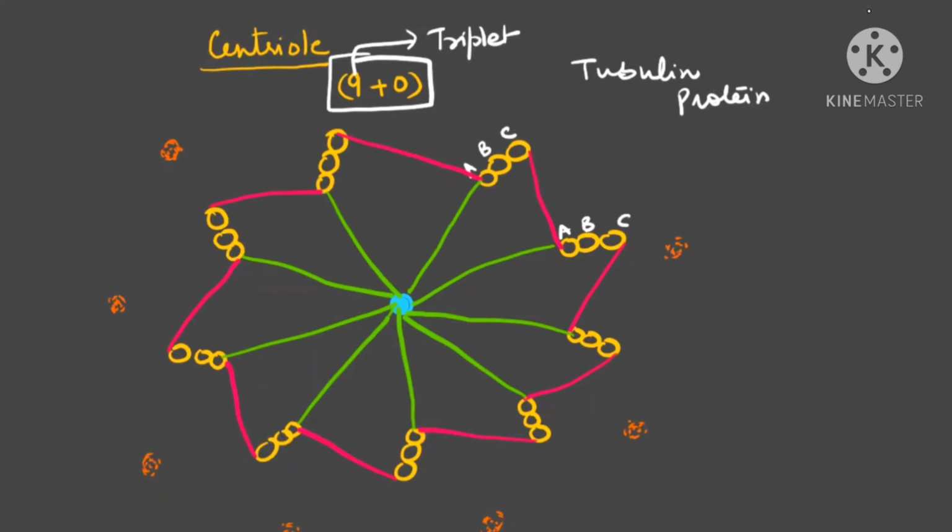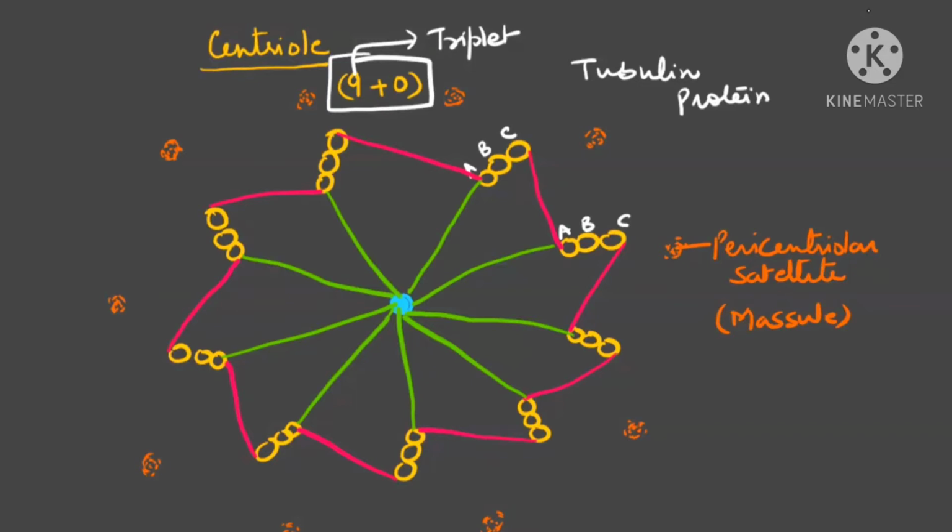In the cell cycle, interphase is a phase where the DNA replication will occur during S phase and centrosome duplication will occur during S phase. In the S phase, DNA replication will occur in the nucleoplasm and centriole duplication will occur in cytoplasm.